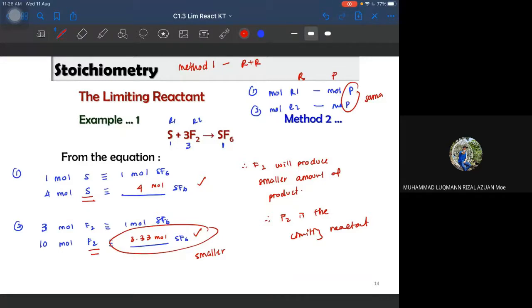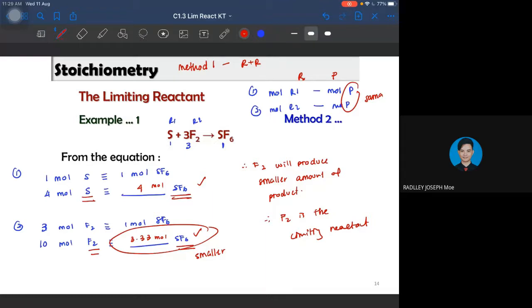Reactant 1 dengan product, reactant 2 dengan the same product. Okay, boleh nampak? Kalau method 2 ni it's quite straightforward. Siapa yang hasilkan amount ataupun mole of product yang lebih sikit. Okay, and mesti syarat dia mesti guna same product. Okay, dapat? Dapat Miss.